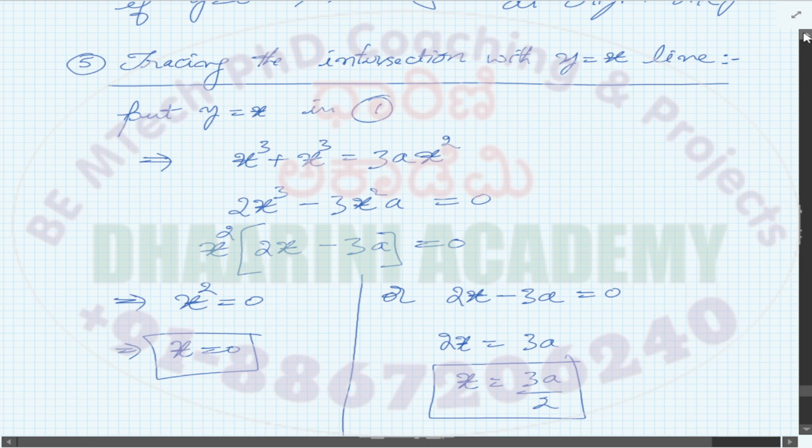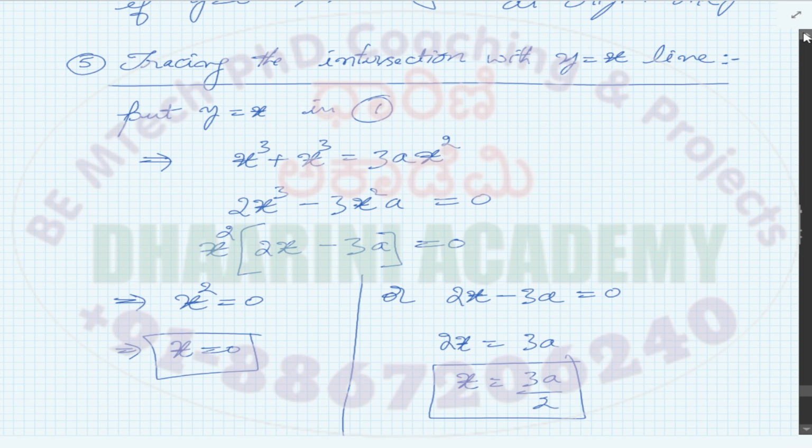In this particular step, we were looking at the tracing of intersection with the other line, because this particular point might not come in every problem, but you see that in this case we got this step because we saw that there is a line about which our curve is symmetric.